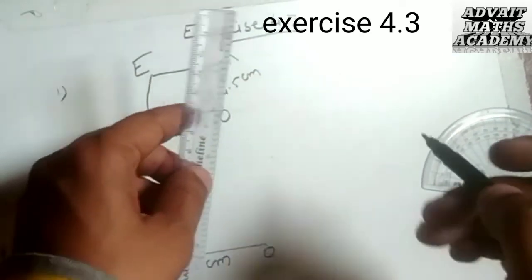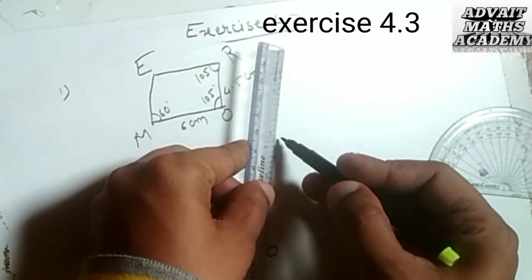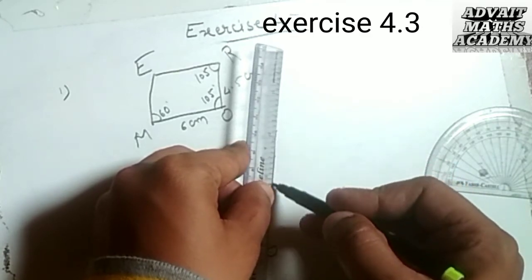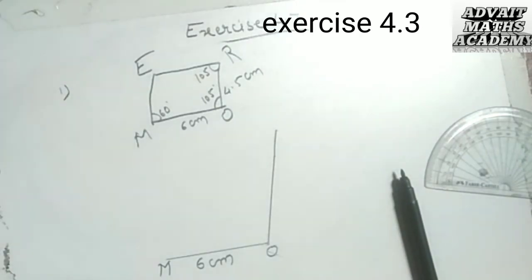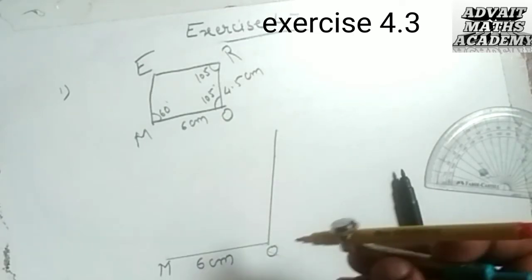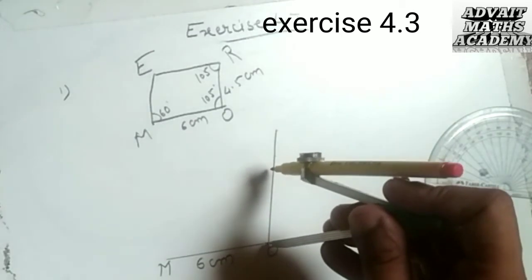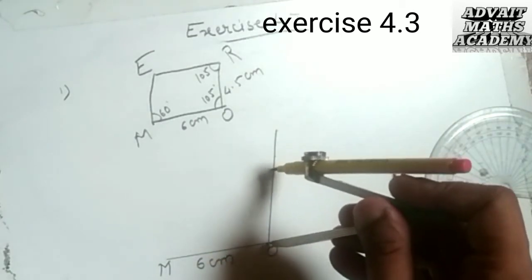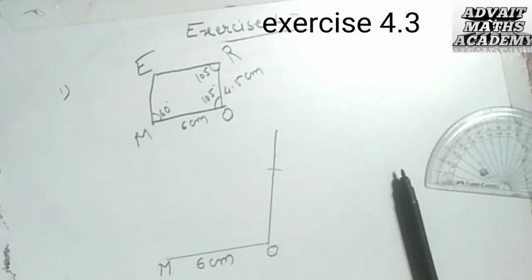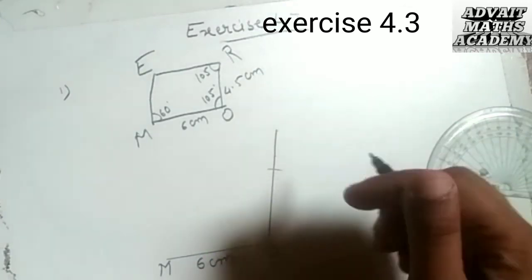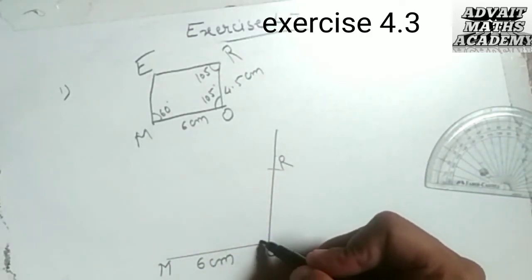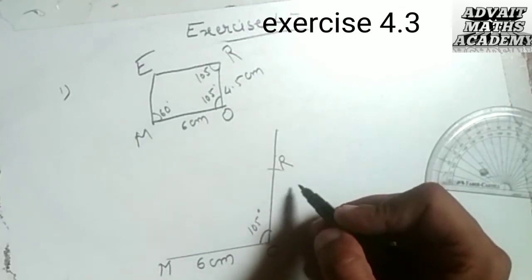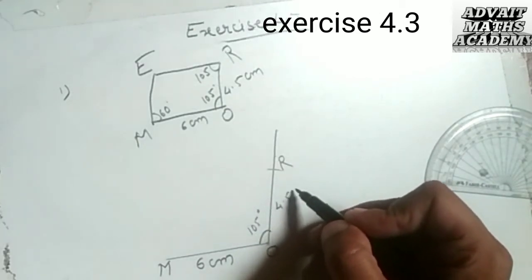Then draw with the help of ruler. Then take a distance in your compass, that is 4.5 centimeter, from O, mark it. This intersection is R. Right here 105 degree, here 4.5 centimeter.